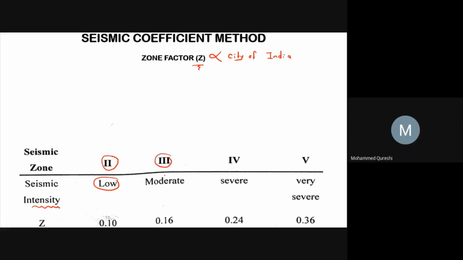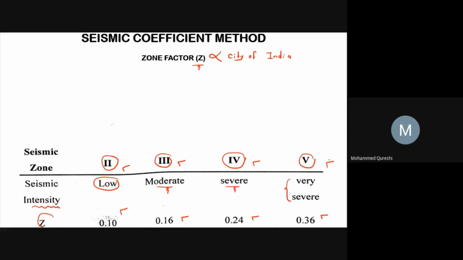For third zone, the seismic intensity is called moderate. For fourth zone, the seismic level is severe. And fifth zone is very severe. The zone factor Z value for second zone is 0.10, for zone 3 it is 0.16, for zone 4 it is 0.24, and 0.36 for zone 5.